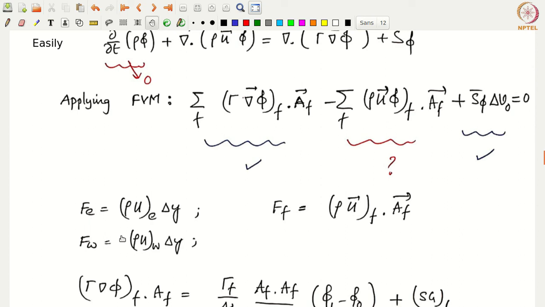Similarly we defined rho u w times delta y as the mass flow rate through the west face. Remember, while defining these things we did not consider the area vector direction; we only used the area magnitude. As a result we got this plus minus in the definition of the upwind schemes. That is the consequence of that.